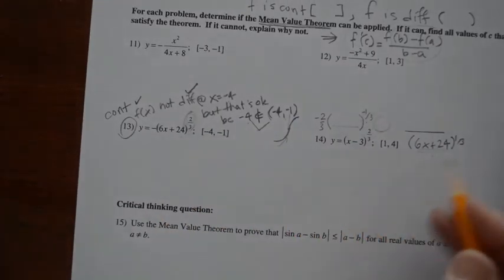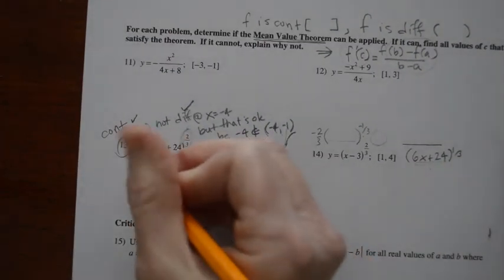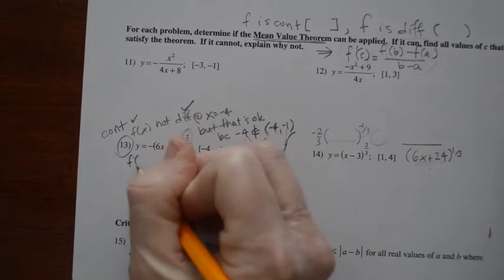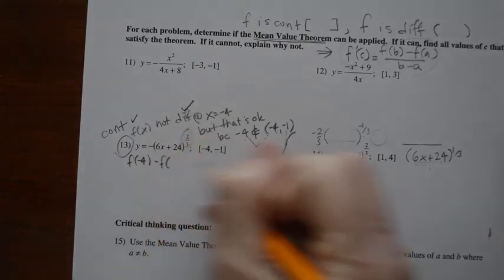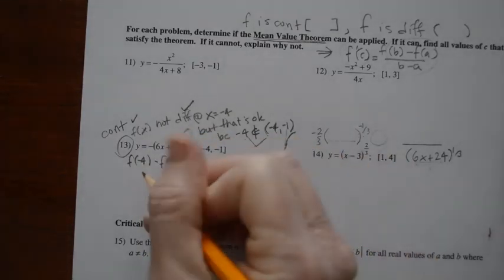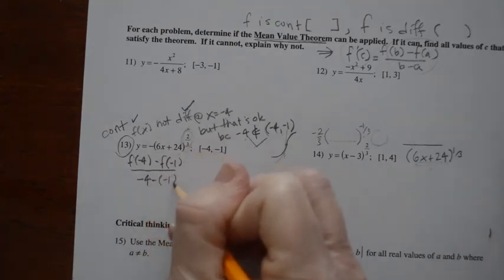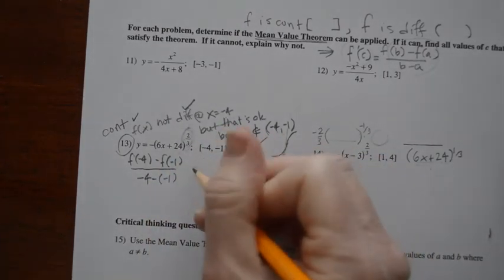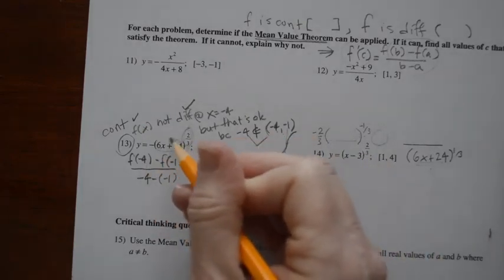So now we can apply the mean value theorem. Again, the mean value theorem says that we have to find f of b, which I'm going to go with -4, minus f of a, I'm going to go with -1, over -4 minus -1. Again, you could reverse the order of all these and that would be fine. So f of -4, if I plug that in, I get 0 in here.